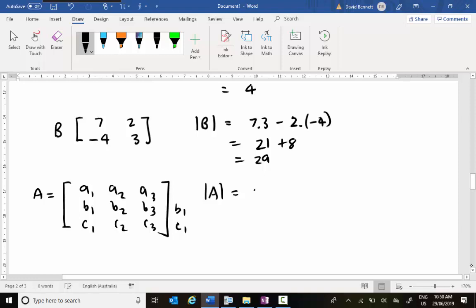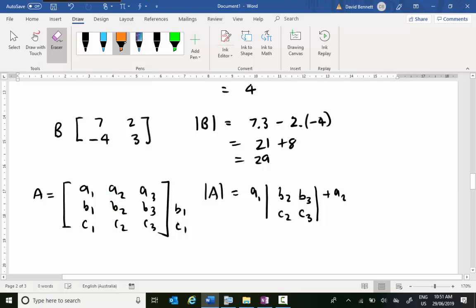So the determinant of A is going to be A1 times the determinant of... Now, what I want to show you is that I just work to my right. You could learn the definition, it might even be on your formula sheet, but you can work it out simply by doing this anyway. So it's A1, and then you go B2, B3, C2 and C3. Then you go plus A2, and this is why I tend to draw the B1, C1 over the side.